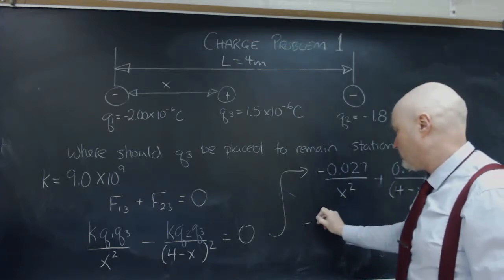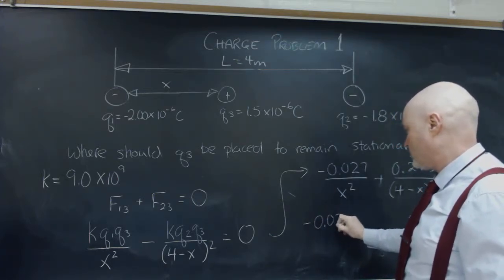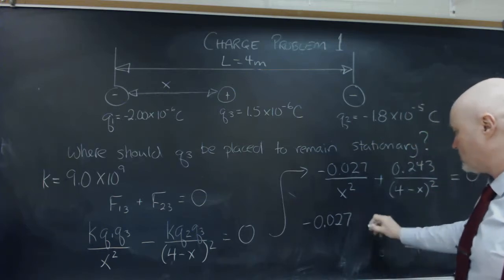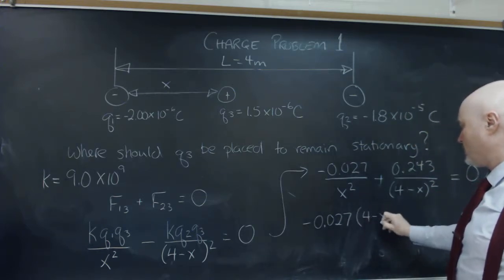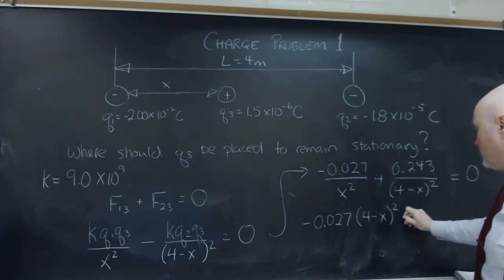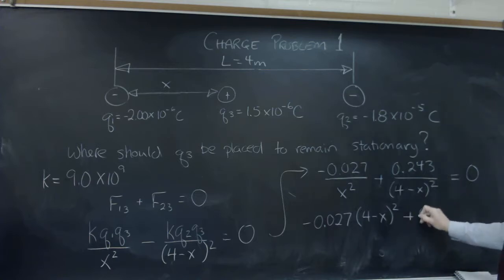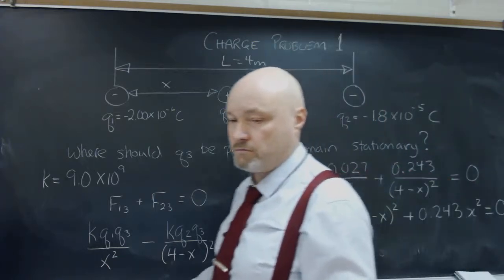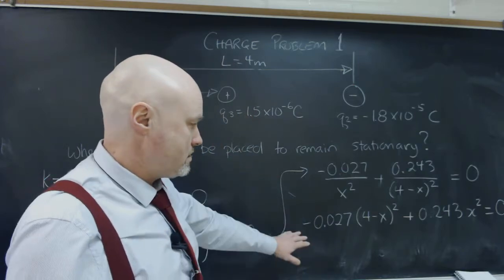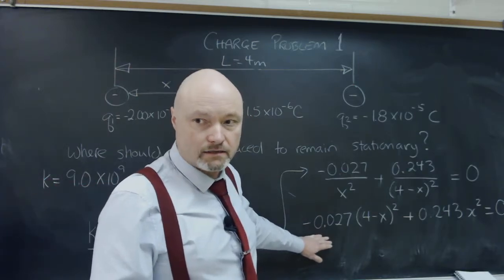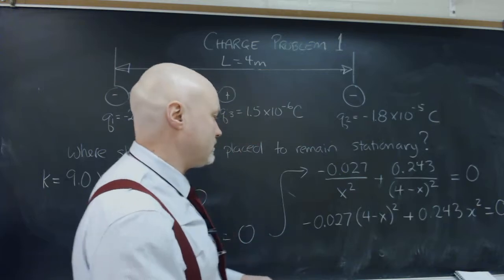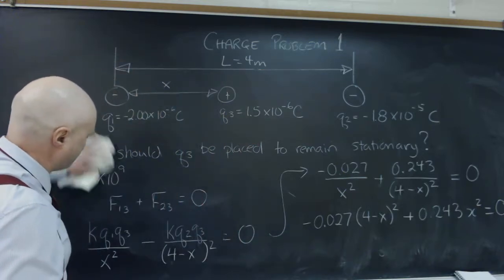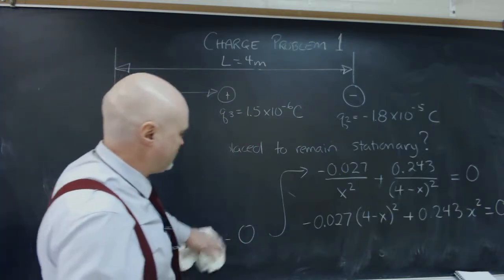And when it's all simplified and said and done, this is going to be negative 0.027, because the x squared is canceled, times 4 minus x all squared plus 0.243 x squared, and that is all equal to 0. Okay. It's just going to get slightly uglier before it gets slightly better looking, but it's all manageable.